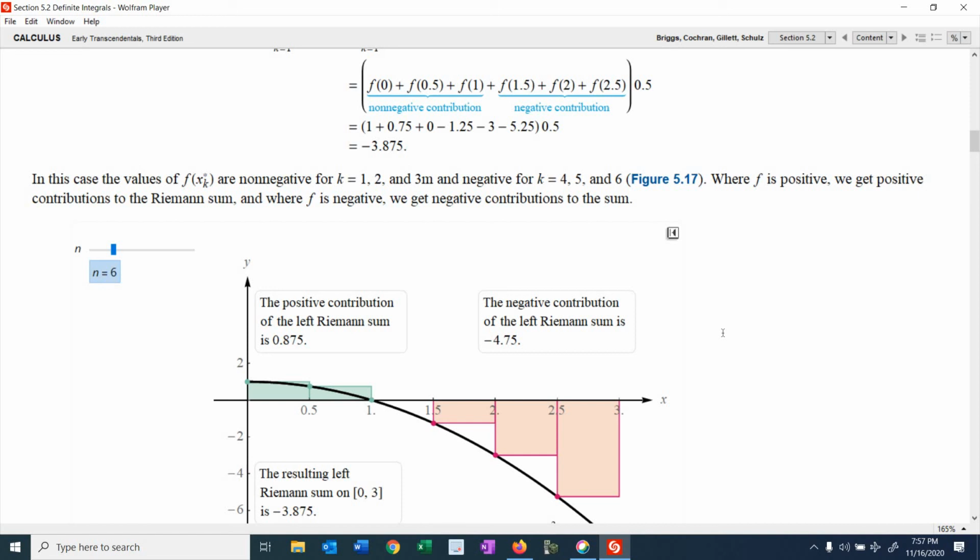It's going to give us an approximation for what we're going to call the net area trapped between the function and the x-axis, starting at 0 and ending at 3. So this is called net area. The Riemann sum gives us an approximation for the net area trapped between the function and the x-axis on the closed interval from a to b.